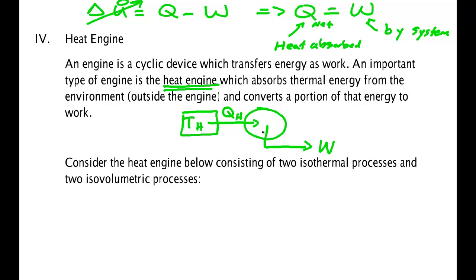Some of that energy will go out to the environment as work. It would be nice if all of it did, but it turns out you cannot make a cyclic process and close the loop and get it back to its original temperature if you don't also expel some heat to a lower temperature reservoir.